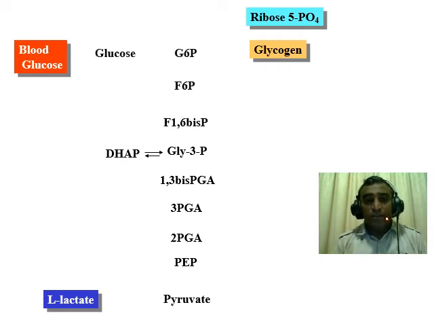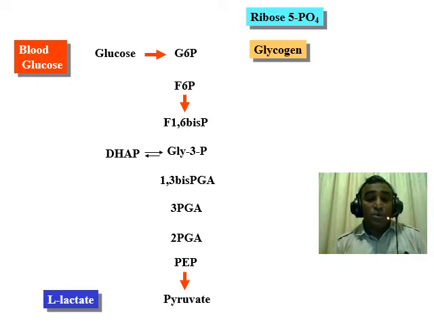Then you have these three red arrows, which are irreversible steps of the glycolytic pathway. Irreversible means you cannot go back from pyruvate to phosphoenolpyruvate, or from fructose 1,6-bisphosphate to fructose 6-phosphate, or from glucose 6-phosphate to glucose.